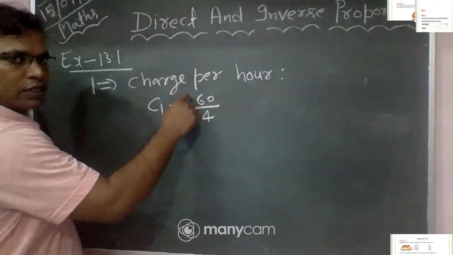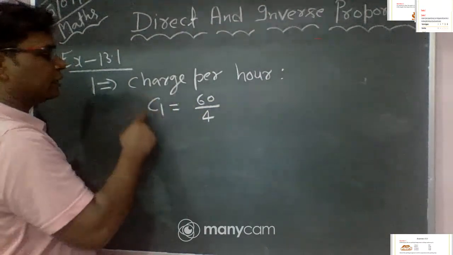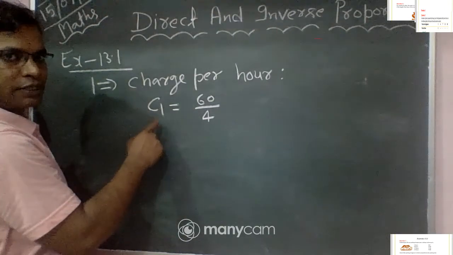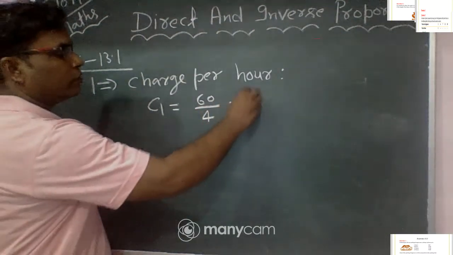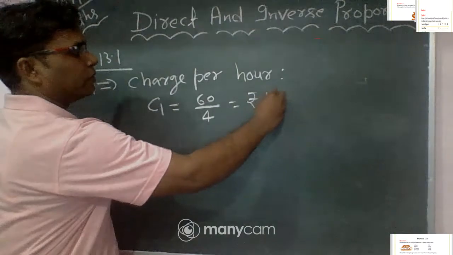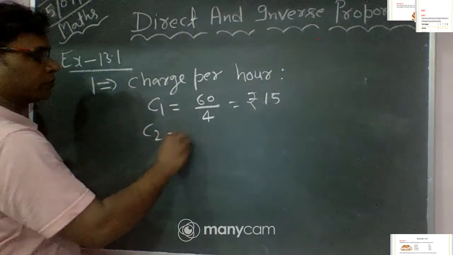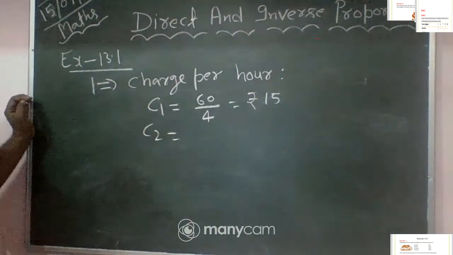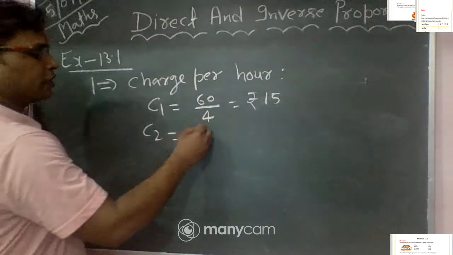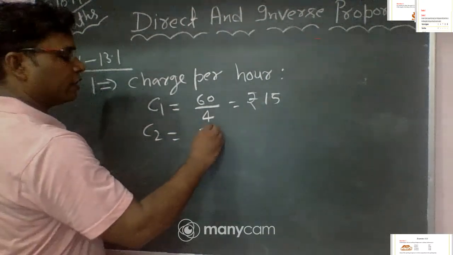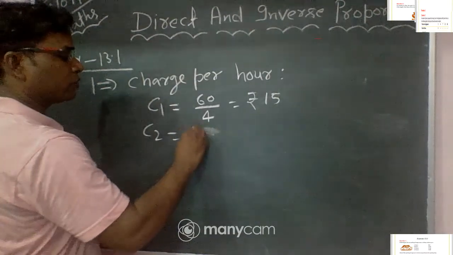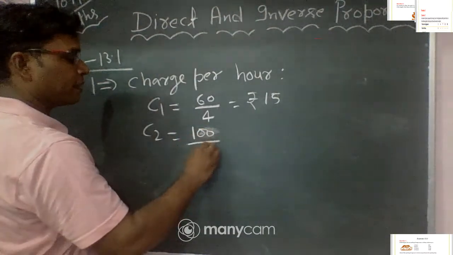We take this as charge per hour C1 for the first parking. This is equal to rupees 15. And C2 is 8 hours, 100 rupees, so 100 rupees by 8.